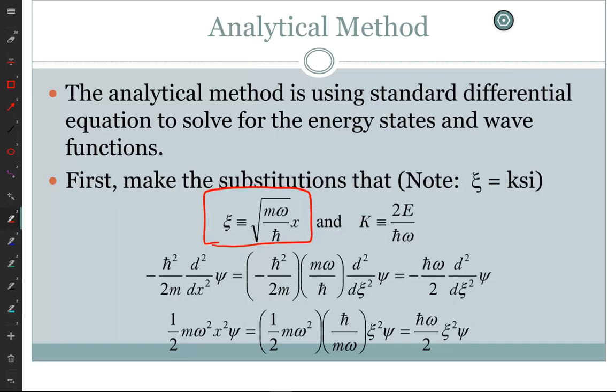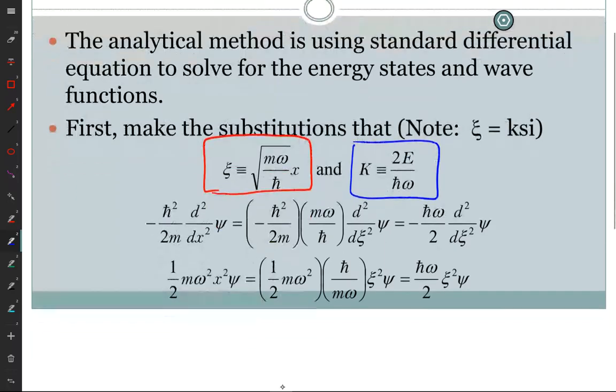I believe this comes out to be unitless. I did not go through it, but I'm pretty sure it comes out to be unitless. And then we likewise introduce kappa, an energy in units of h bar omega over 2, basically. If we introduce those, the Schrodinger equation is going to be easier to write.